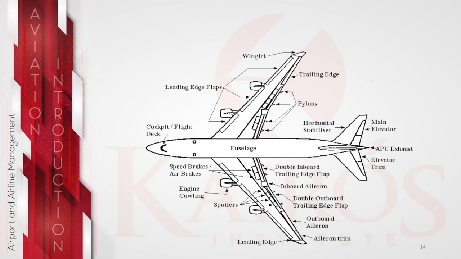The two fixed wings on either side of the fuselage, and other important parts and components, including the engines, flaps, winglets, pylons, ailerons, spoilers, and speed brakes or air brakes, are installed to allow the aeroplane to take off, cruise, turn towards the desired sides, and finally land safely.